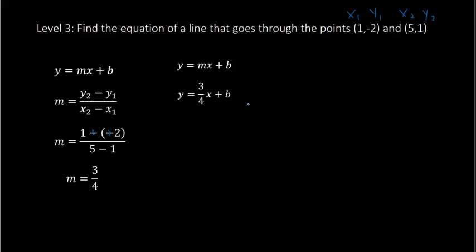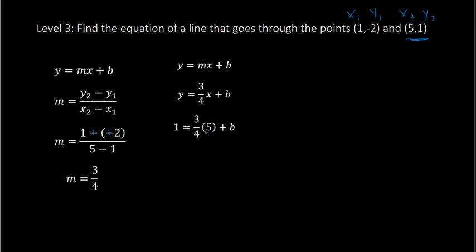So I can do the same thing here as well. I can pick either point, doesn't matter which one, and plug that in to solve for b. So let's pick this point just because, and we have x is 5 and y is 1. So in place of y I put 1, and in place of x I put a 5. And then I solve this for b.